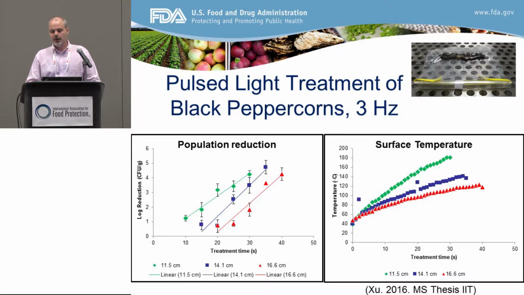If these peppercorns were exposed to the open environment, we would likely be generating ozone with this system and have oxygenated species be a contributing factor here. But because they're vacuum packed in the package, we've minimized that as a contributing factor. So there are ways to tease out some of this information.